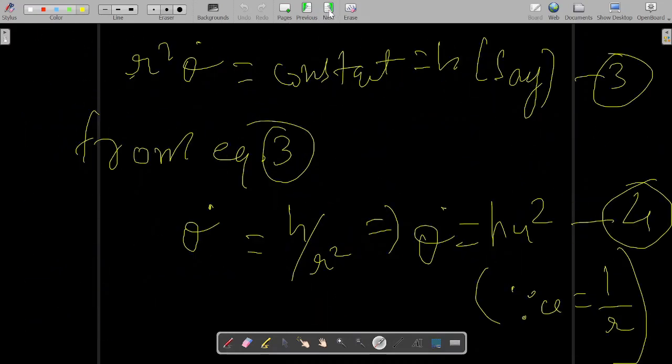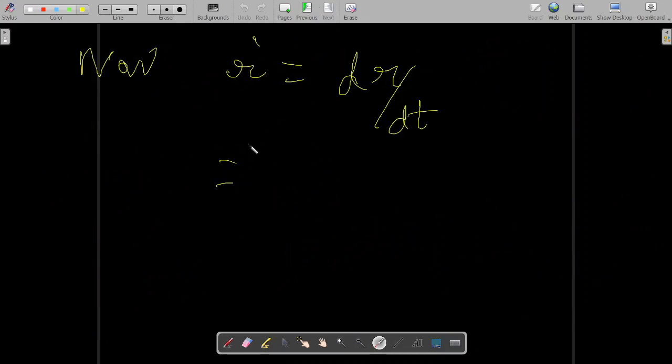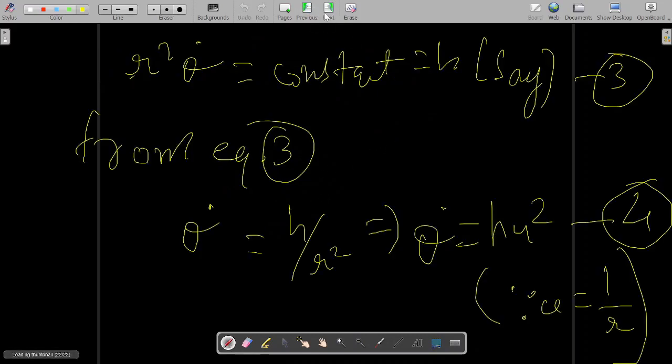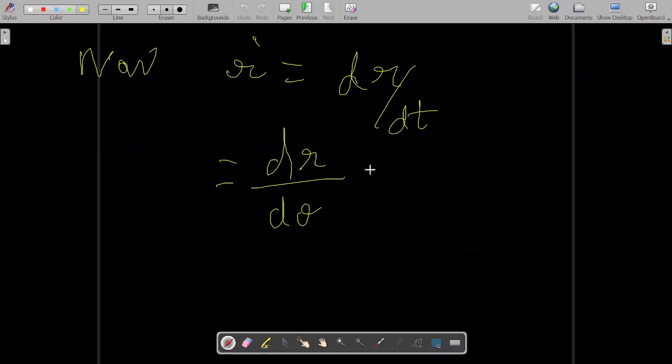So r dot, the value of r dot, is dr by dt. We will now write it in terms of differentiation with respect to theta. So it will look something of this kind: dr by d theta times d theta by dt.